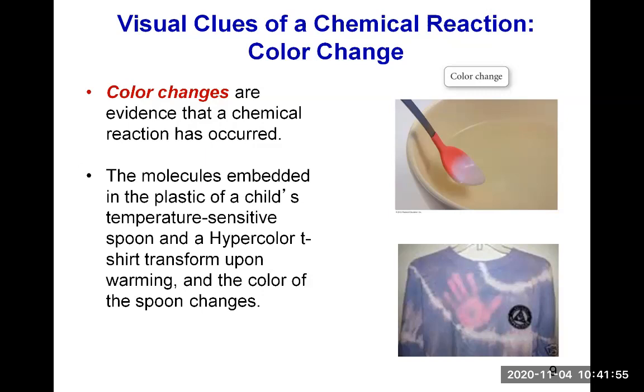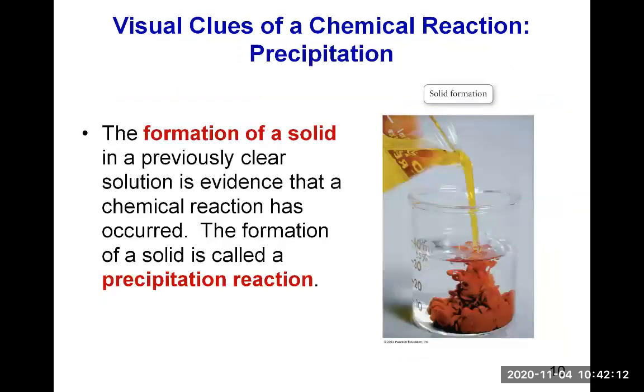And so the color of the spoon changes and the color of the t-shirt changes, and that tells you a chemical reaction happened there where the color is changing. So that's a visual cue or evidence of a chemical reaction.